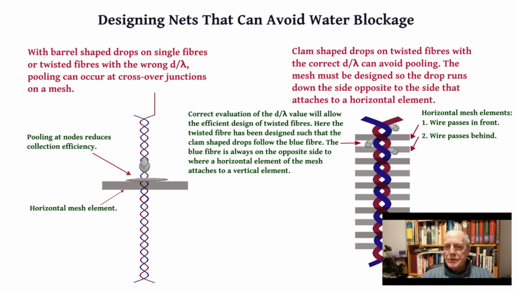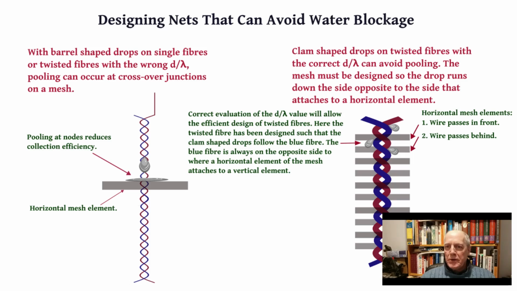So what they are proposing are basically 2 points. The first point is that the droplet that's used should be what they call a clam-shaped drop. And the second point they make is that the clam-shaped drop, which, as we've discussed, will rotate around the twisted fibres, when it's twisting around the fibre, should be on the opposite side to the side where a horizontal element is attached to the vertical element, as shown.